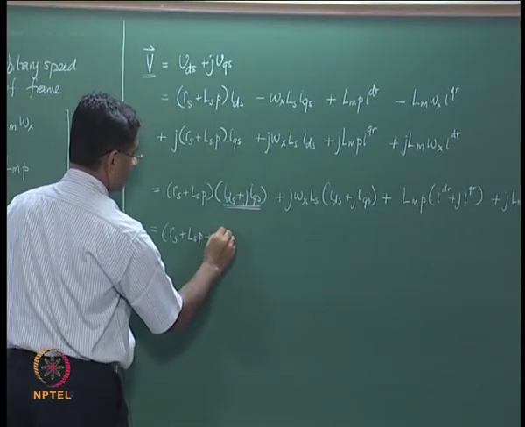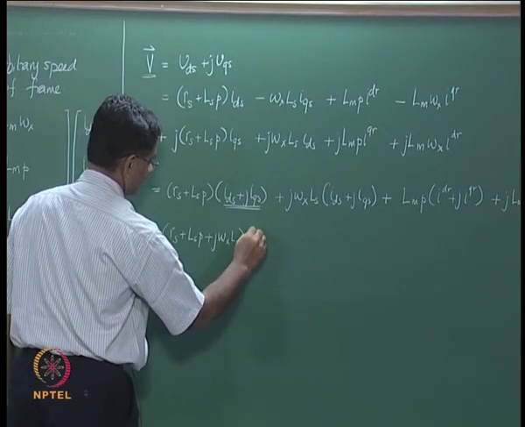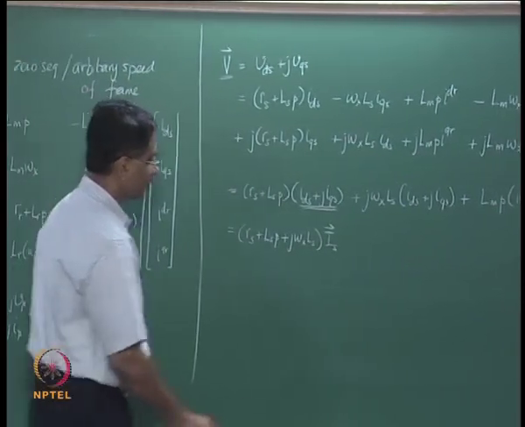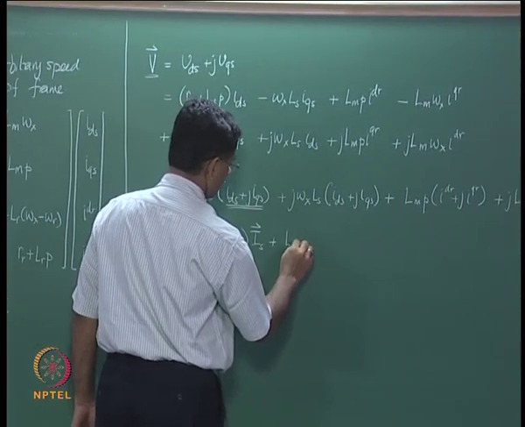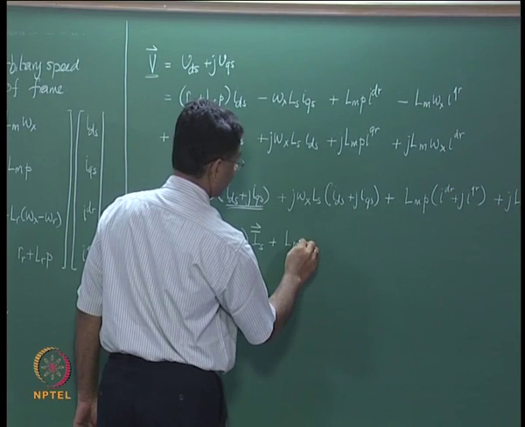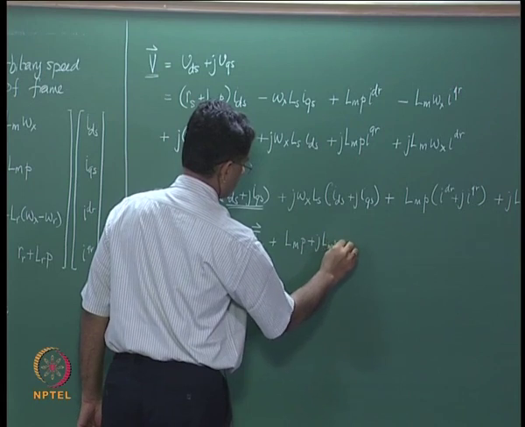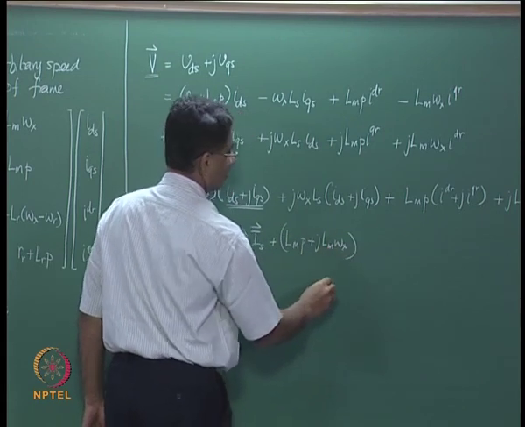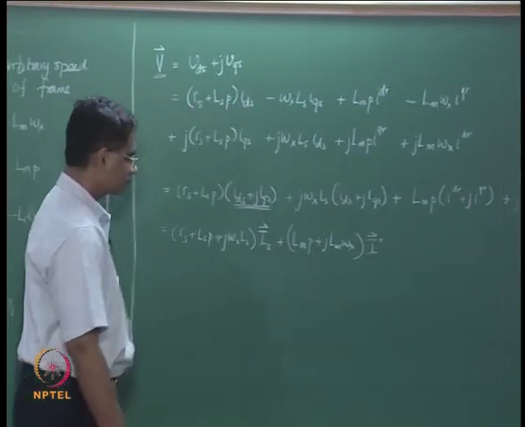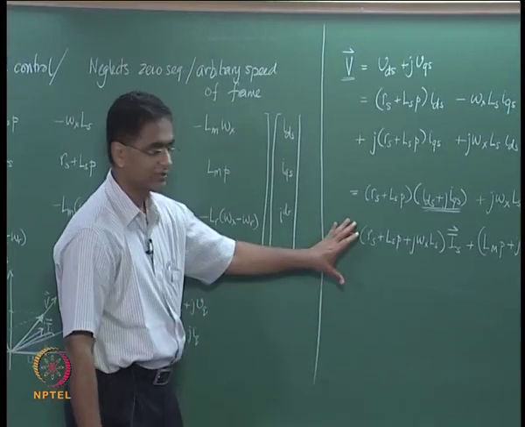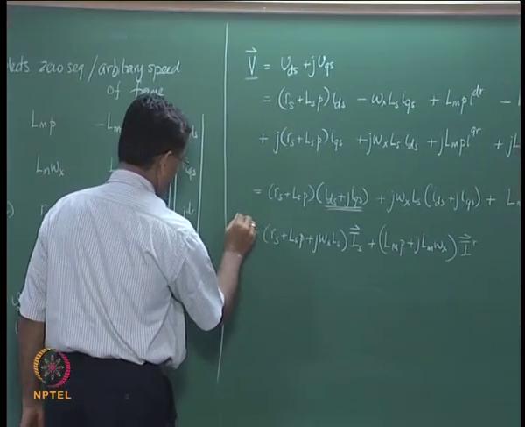So, plus J times omega x into Ls into the space vector of the stator current, and then you have the space vector of the rotor current, that is Lm into P plus J times Lm into omega x multiplied by the space vector of the rotor current. So, this is a much more concise notation for representing the stator equation.